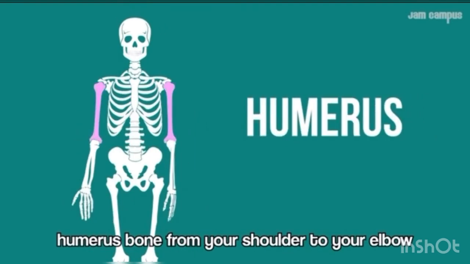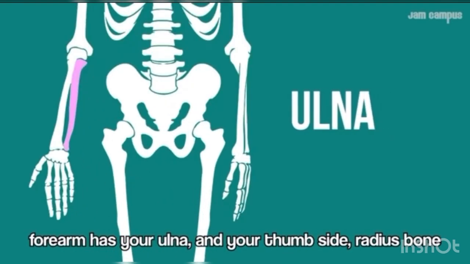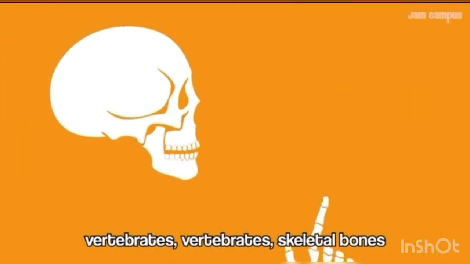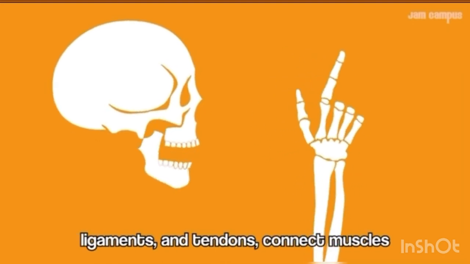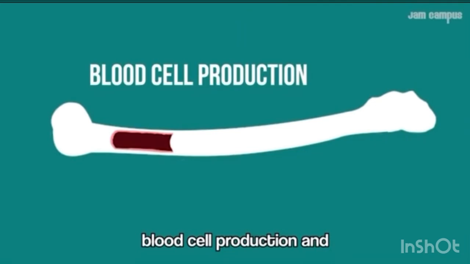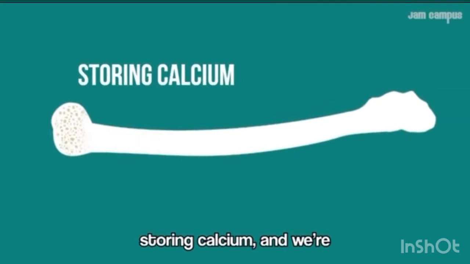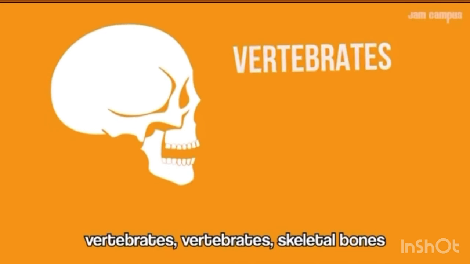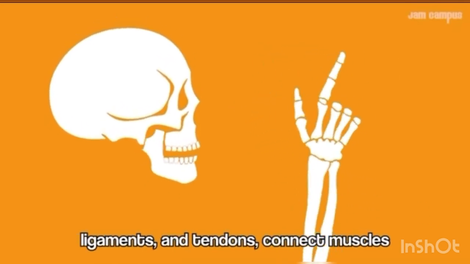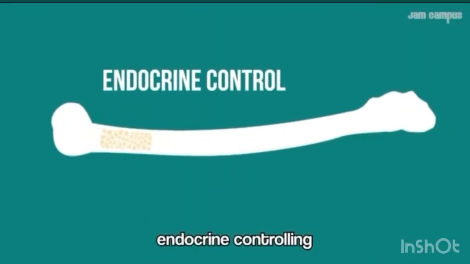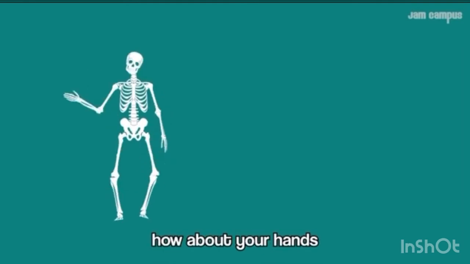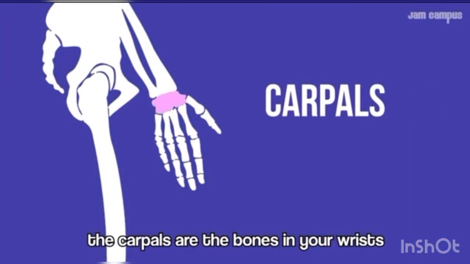Humerus bone from your shoulder to elbow. Your forearm has the ulna and the radius bone. Vertebrates, skeletal bones. Ligaments and tendons connect muscles. Blood cell production and storing calcium. How about your hands, the carpals, all the bones in your wrist.